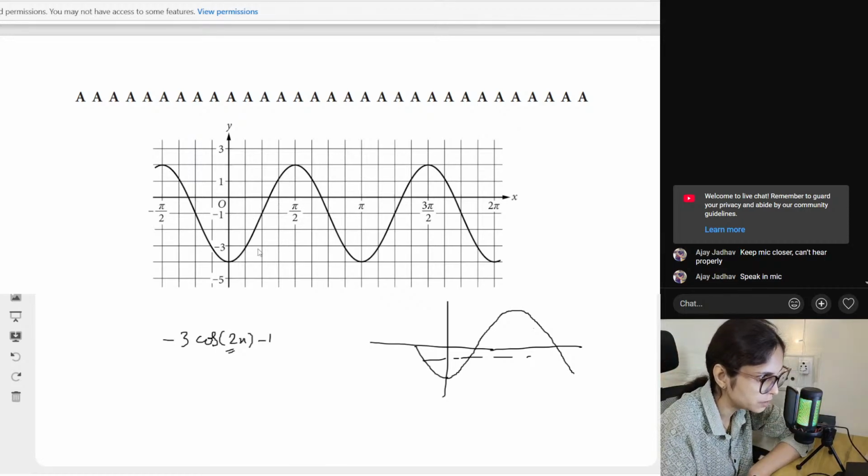If you shift it to the left by pi over 4, you will get the graph of sine.